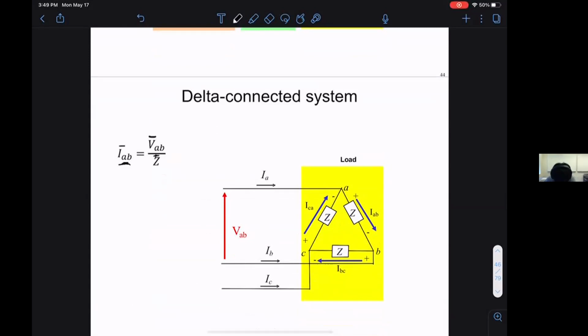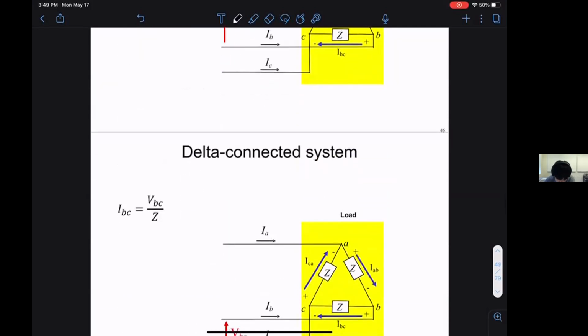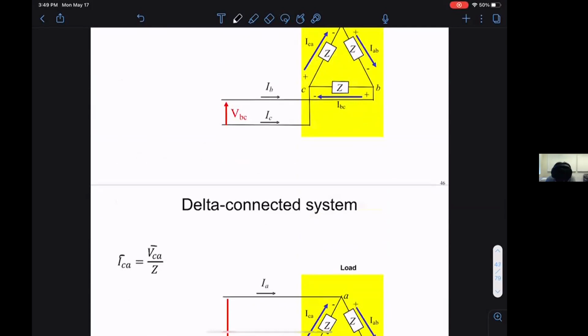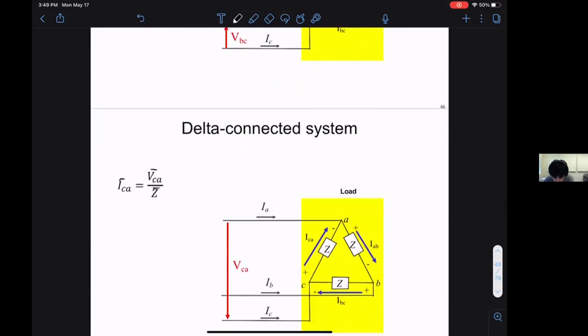So these are all complex numbers. So I have the voltage divided by the load. Similarly, I have B and C as VBC divided by Z. Similarly, the C to A phase. Right? So these are all line to line. So the phase current equals the line-to-line voltage divided by the impedance.